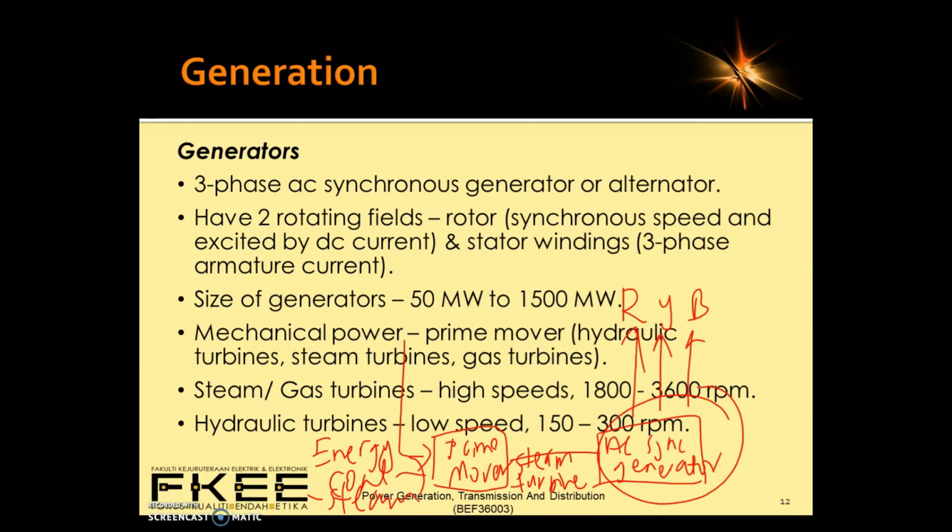For the prime mover that uses the steam or gas turbines, it will produce high speeds around 1,800 to 3,600 revolutions per minute, RPM. If we use the hydraulic turbines, we produce low speed, 150 to 300 RPM.